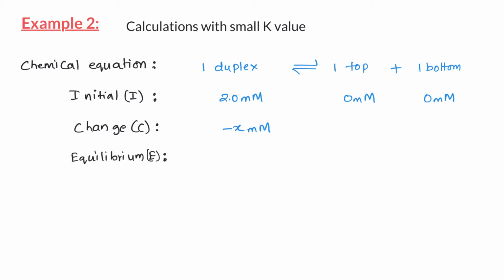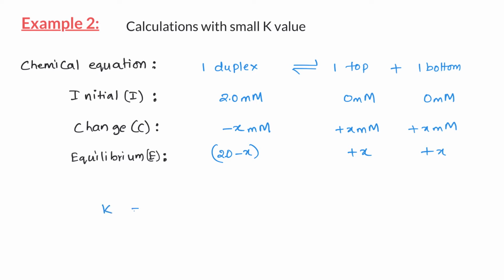Therefore, if x molar DNA duplex dissociates, we will get x molar top strand and x molar bottom strand. At equilibrium, the concentration of DNA duplex is 2.0 minus x, the top strand is x, and the bottom strand is also x molar.